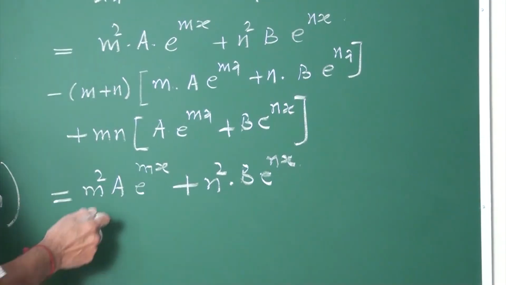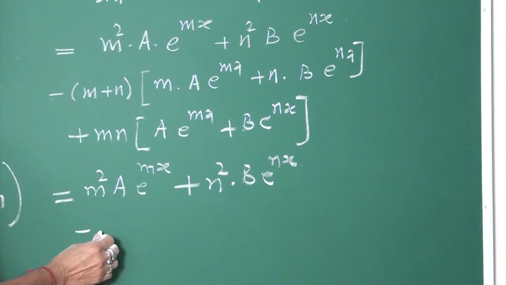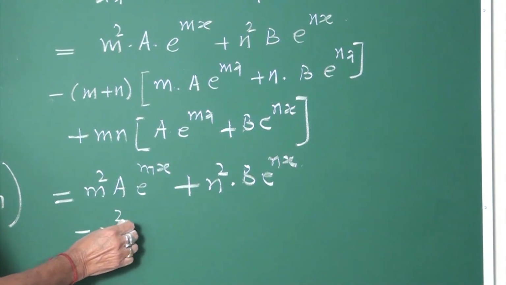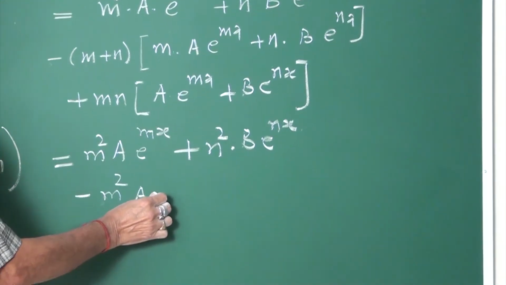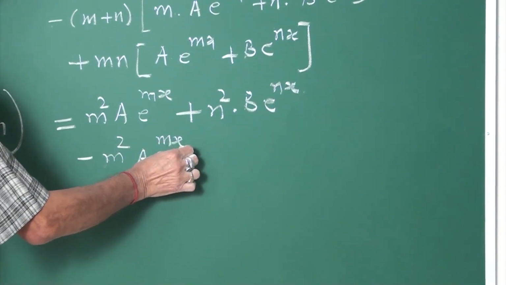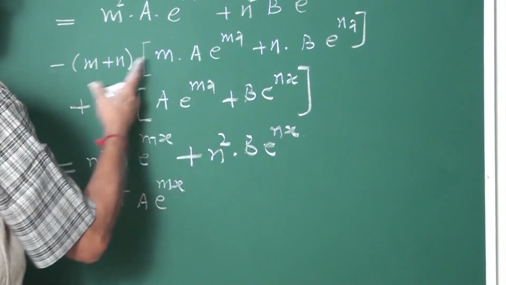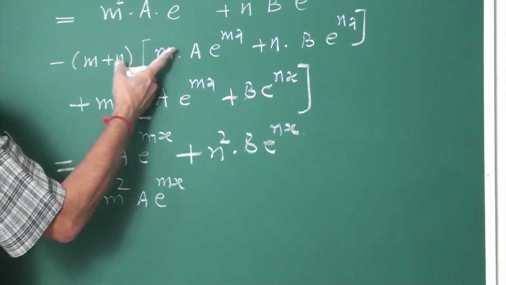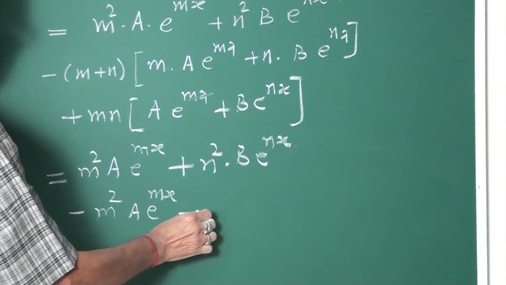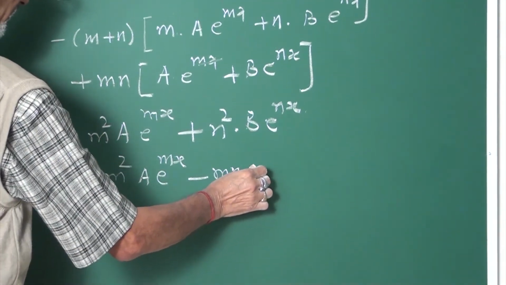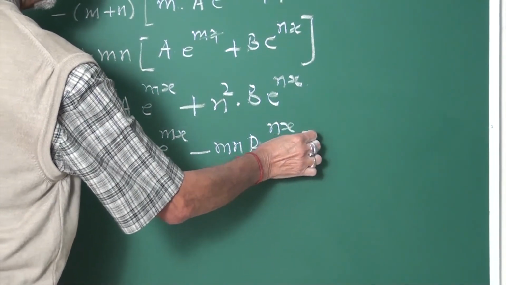I write down. See, minus m into m square a into e to the power mx. Minus n into n. Minus m into n. Second, minus m into n, minus mn, into b, e to the power nx.